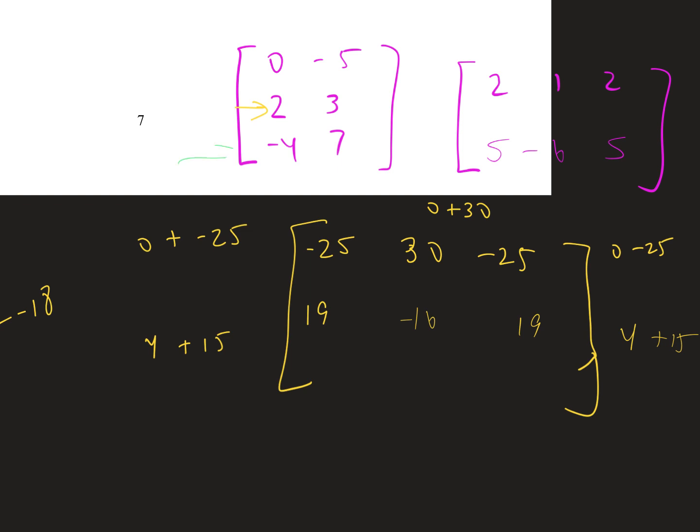So now we'll do this last one. Negative 4 times 2 is negative 8. 7 times 5 is 35. So what's negative 8 and 35? 28? Yeah? 27? What is it? Camilo, negative 8 and 35.